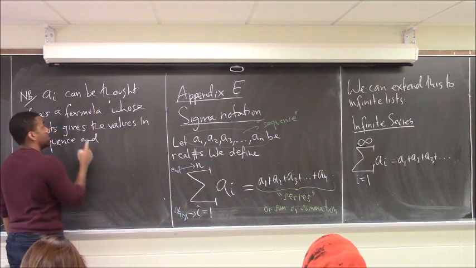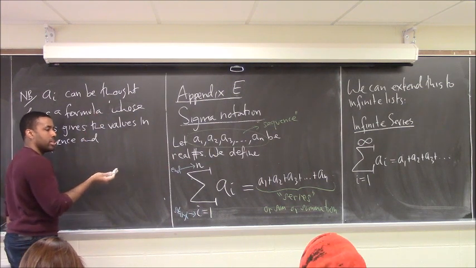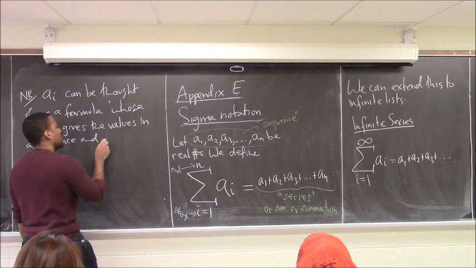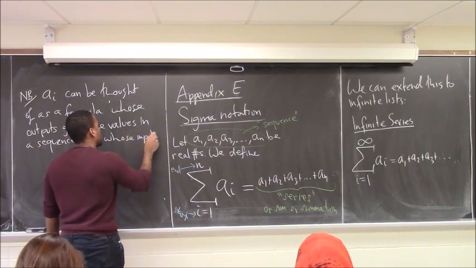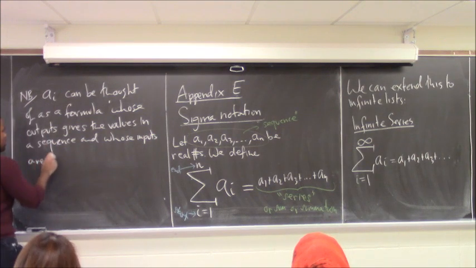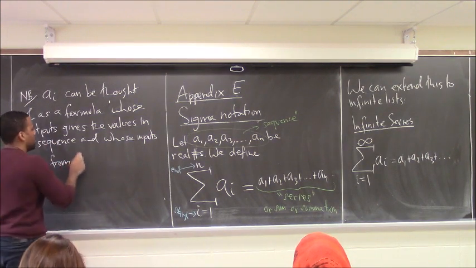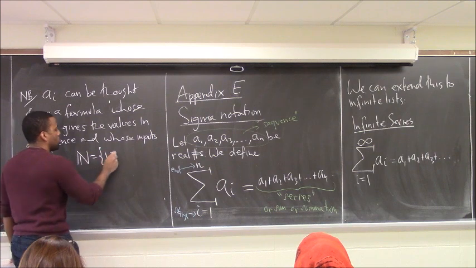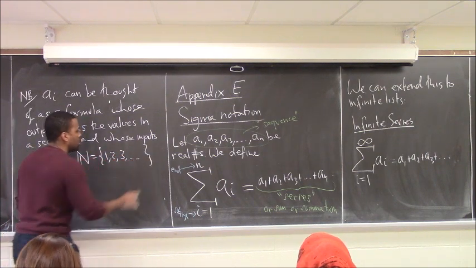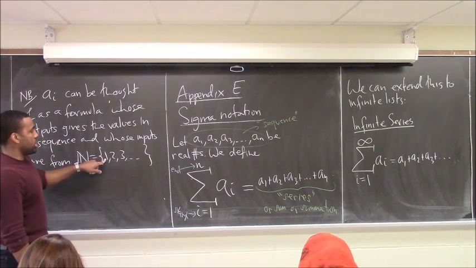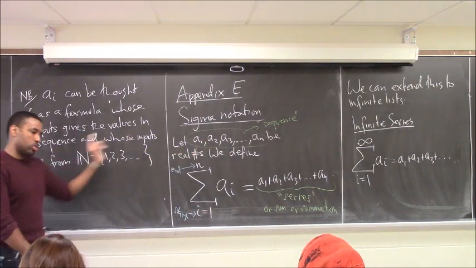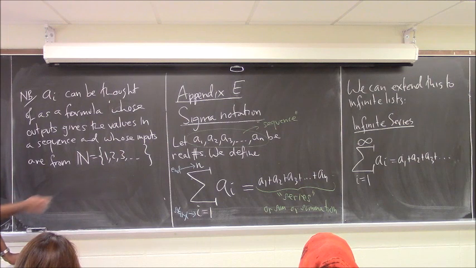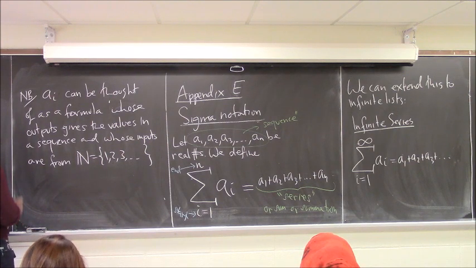More specifically, it could be thought of as a function, and that's how function theory comes into this, whose inputs are from the natural numbers, 1, 2, 3. So we can plug in 1 as the input, A1 is the output. Plug in 2 as the input, A2 is the output, and so on and so forth. And so we can introduce functions into talking about these sort of things. But let's get into an example here.